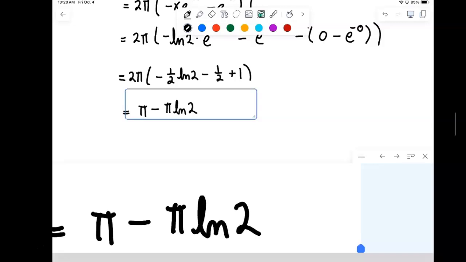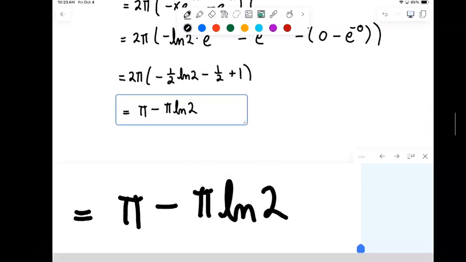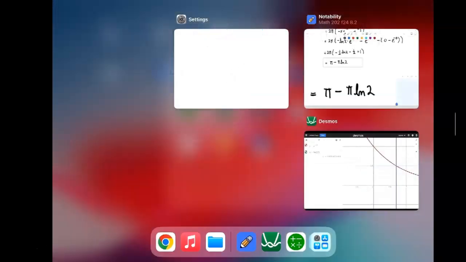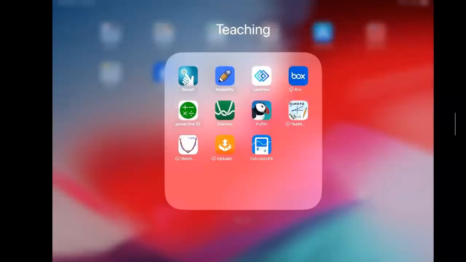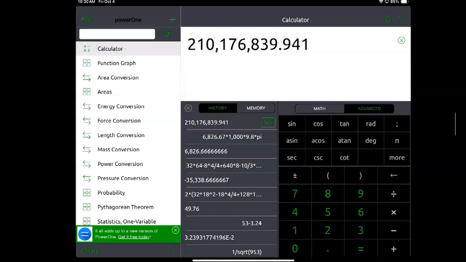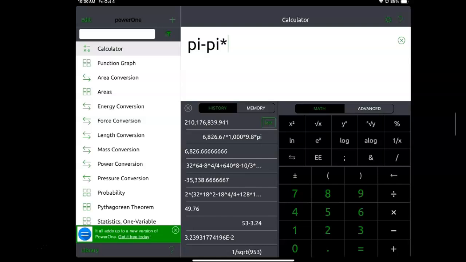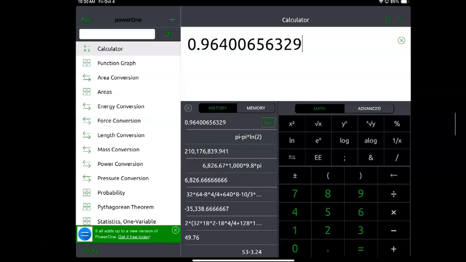Okay, pi minus pi times the ln of 2. And you can compute that on a calculator if you want an approximate answer. Here it is, pi minus pi times ln of 2. So the volume here is about 0.964.